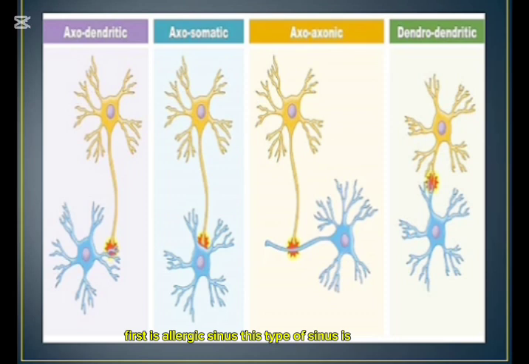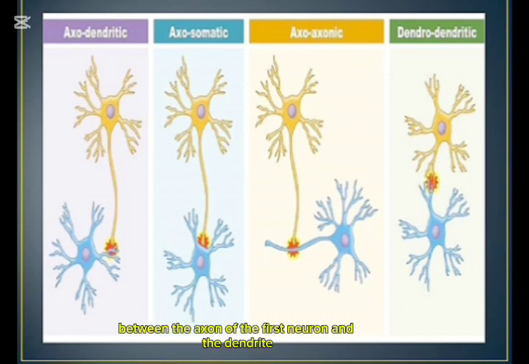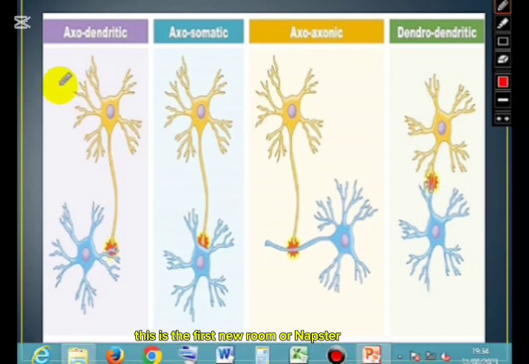First is axodendritic synapse. This type of synapse is formed between the axon of the first neuron and the dendrites of the second neuron. Look, this is the first neuron or nerve cell, and this one is the second nerve cell.